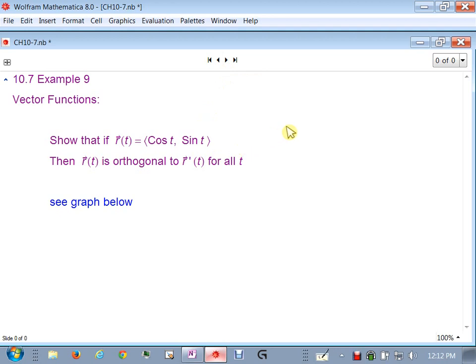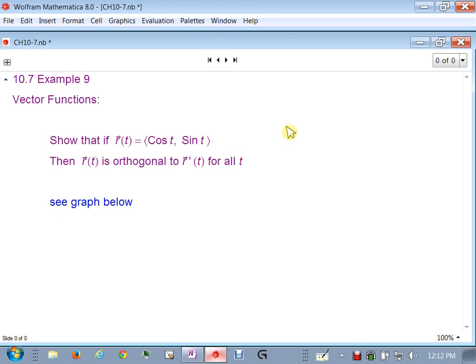Okay, this one. Show that if r of t is cosine t, sine t, what does that draw? Unit circle, right?